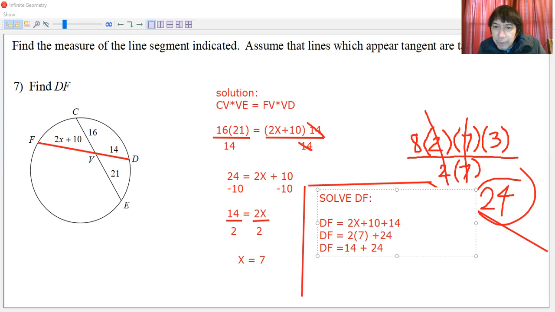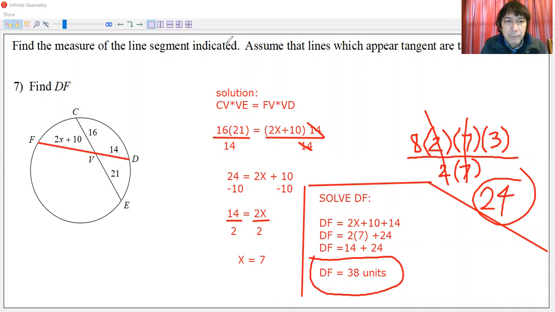There. So this looks like 38. Yes. Final answer is 38 units. There. Okay. So that will be our answer. 38 units. Okay. That goes to our DF.